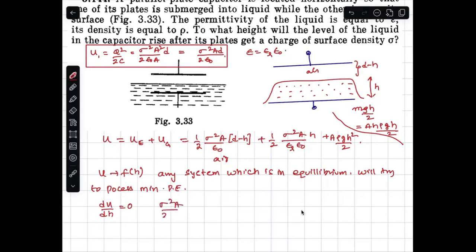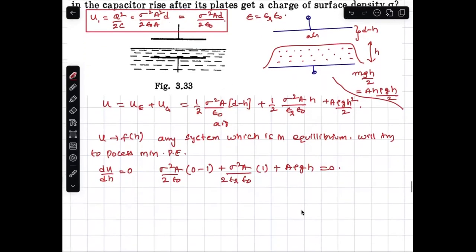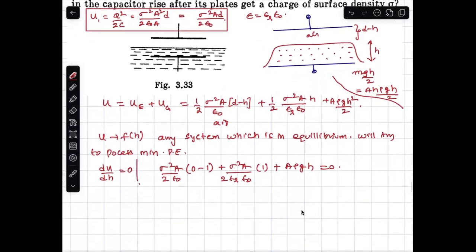square A by 2 epsilon naught into (0 minus 1) plus sigma square A by 2 epsilon r epsilon naught into 1, plus A rho g h is equal to 0. We are taking some h dash. This is 0 at a specific h dash.